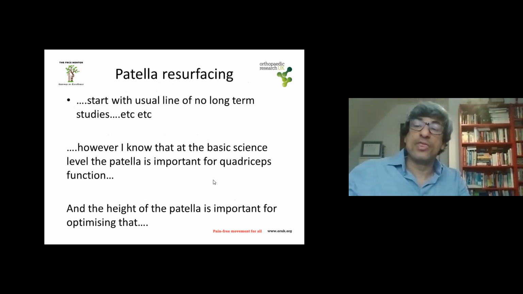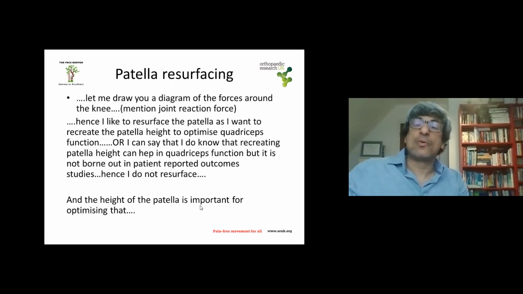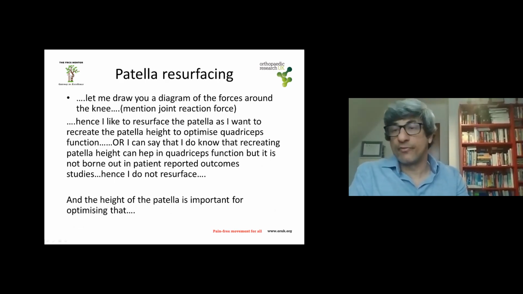And then say within that, the important issue for quadriceps function would be the height of the patella. And hence say, I would like to draw you the diagrams around the knee, and therefore say that I would like to draw my patella, my quadriceps tendon, my patella tendon, and then say, I like to resurface the patella because I want to recreate the patella height, because I do know by recreating patella height optimizes quadriceps function.